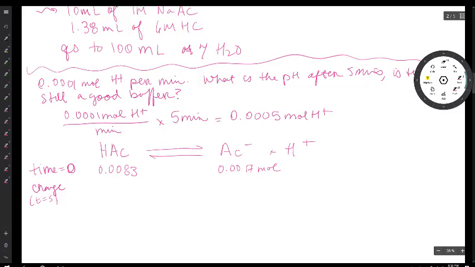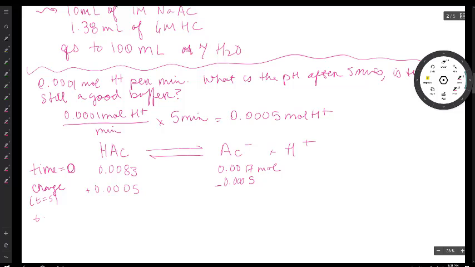Now we're producing protons, so we're going to be subtracting moles from the acetate side, because when we add protons, we're going to convert the acetate to acetic acid, and then we're going to be adding the moles to the acetic acid as we produce acetic acid from the proton and the acetate.